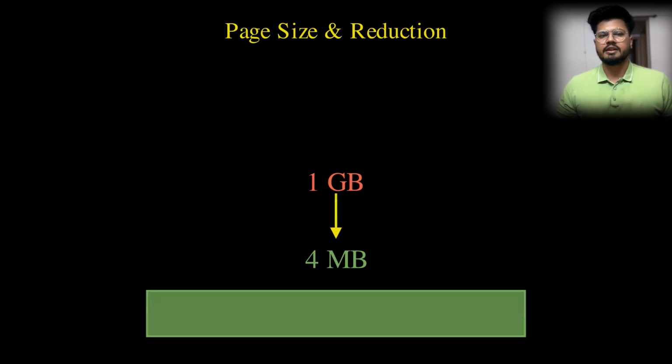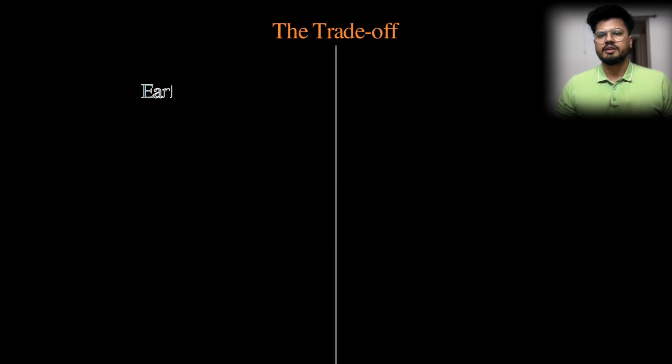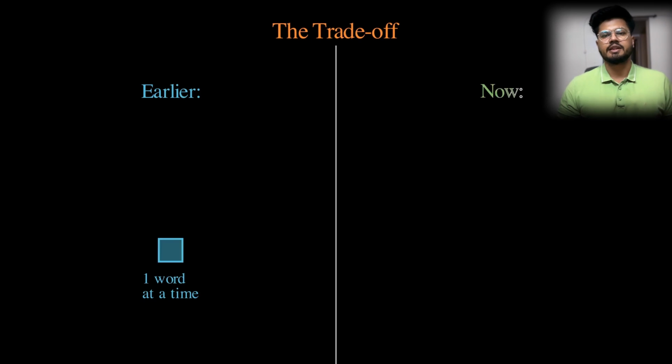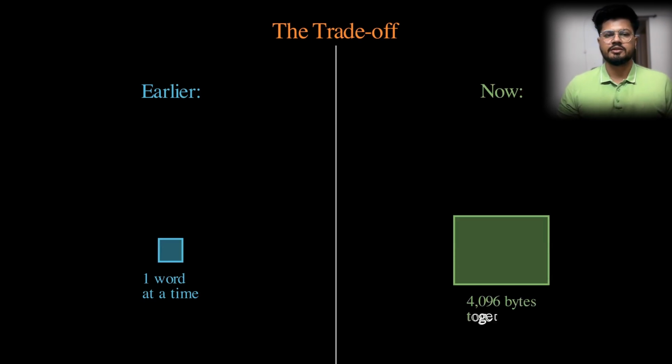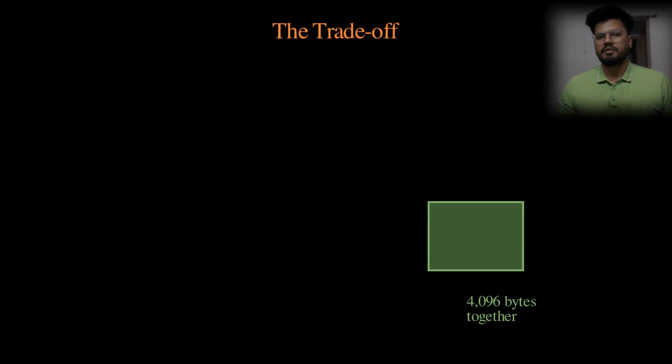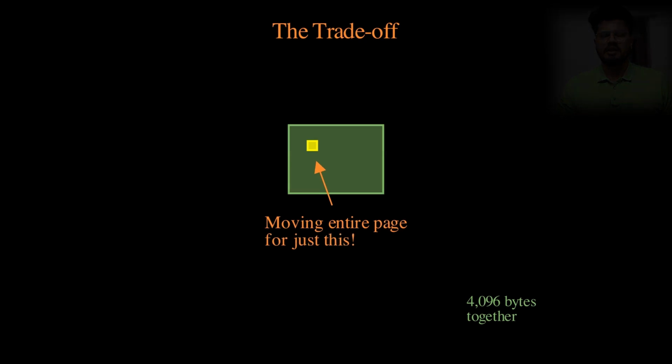But nothing comes free. We could move memory one word at a time. Now we move an entire page. Even if we only need this tiny word, we move all 4096 bytes. So yes, we lose fine-grained control, but we gain scalability, and that is the trade-off.